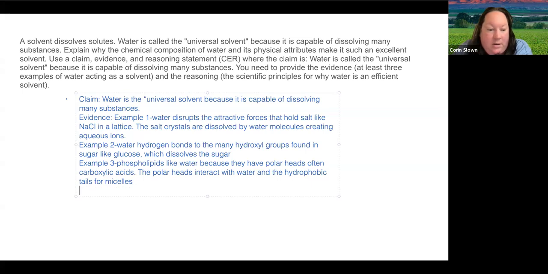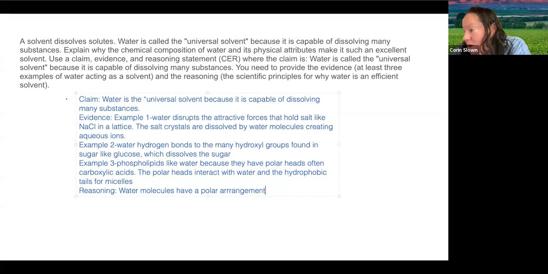All right, so let's think about our reasoning then. Our reasoning is what connects our evidence to our claim. So, what do we know about water? Water molecules have a polar arrangement. That's where the hydrogens are partially positively charged and the oxygens are partially negatively charged.